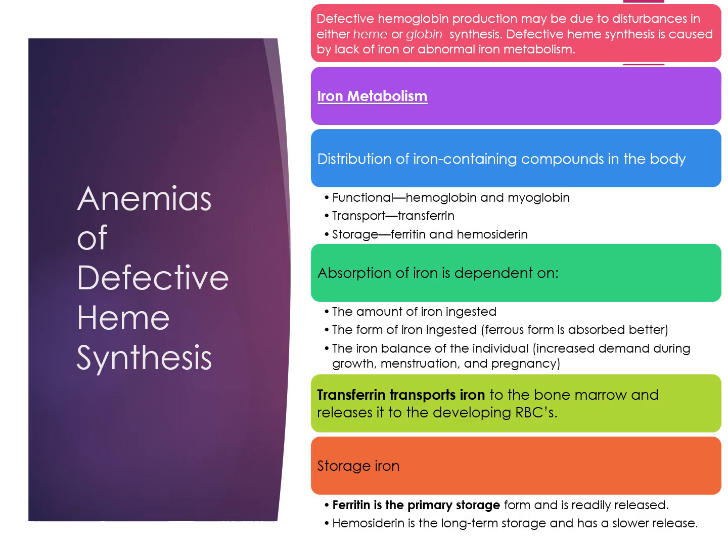It is more readily available for use when needed. And then hemosiderin is that long-term storage. So I always think of it as ferritin is the warehouse where the transferrin comes to transport the iron, and then hemosiderin is the point of production where it is in long-term storage and then is sent to the warehouse where the ferritin is.